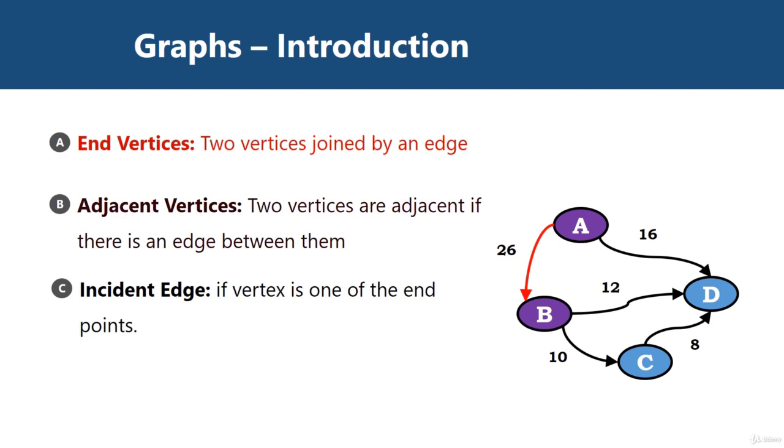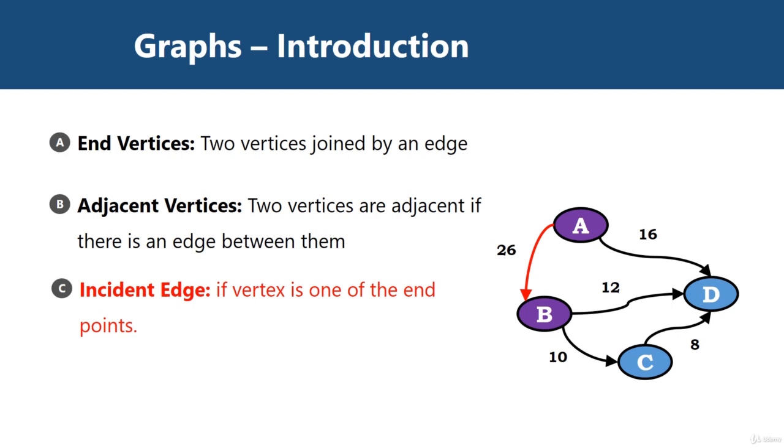Two vertices are said to be adjacent if there is an edge between them. For example, in this graph, there is an edge between vertex A and vertex B. So, vertices A and B are adjacent vertices. An edge is said to be incident to a vertex if the vertex is one of the edge's endpoints.